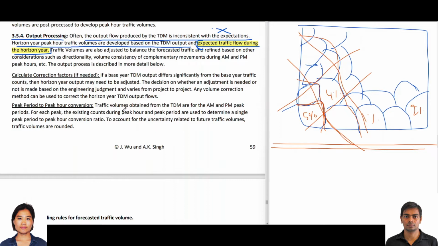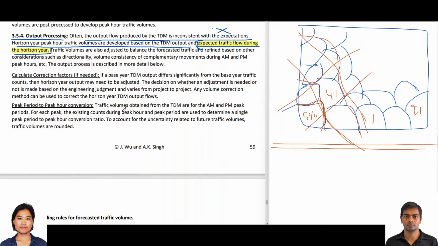We can build our expectations based on the growth rate in population, growth rate in employment, travel network changes, and running a bunch of select link analyses on the network to understand which ODs are going through certain links, and then looking at the ODs.